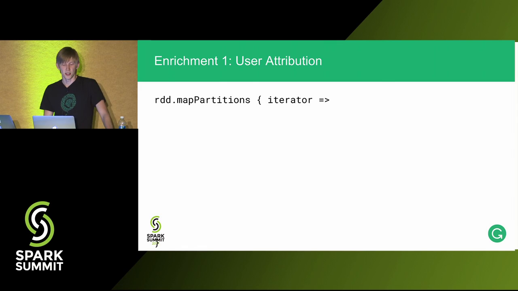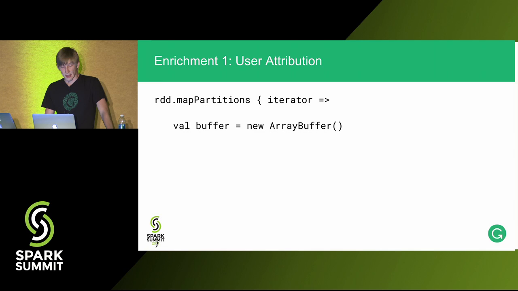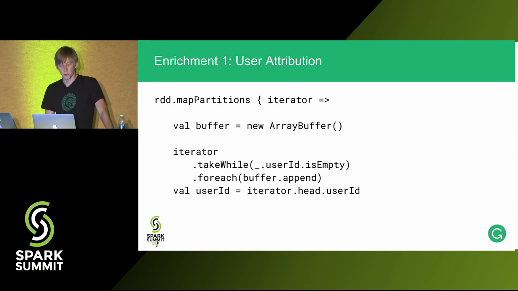Let's say we have an RDD as an input that already has data partitioned by user and sorted by user ID and timestamp. So say this iterator contains just events from the same device sorted by time. What we would likely do is create some buffer where we would put events while they do not have user ID as a property, so basically the non-authenticated ones.